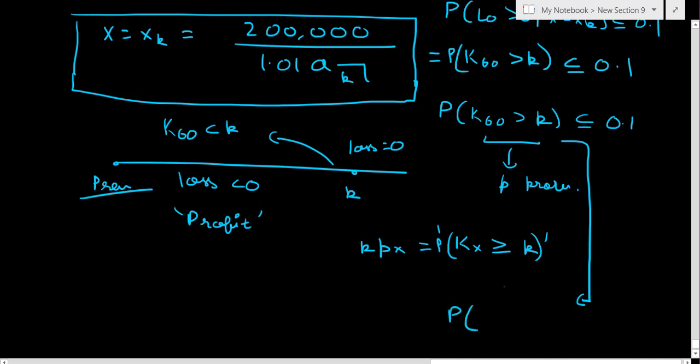So for that we need the probability that K60 is greater than k. What's happening here is K60, the curtate lifetime, has to be greater than k. So this is the same as K60 being greater than or equal to k plus 1.